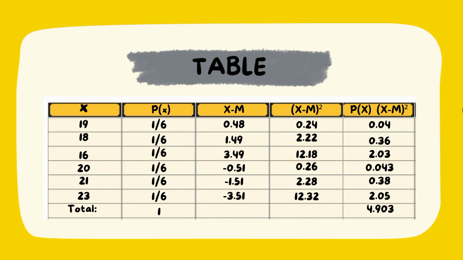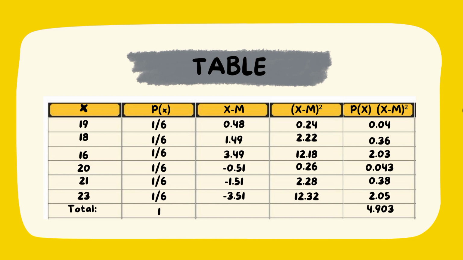And we all know that our corresponding probability is 1 over 6. So we just simply multiply those results by 1 over 6. Let's start. 1 over 6 times 0.24 is equal to 0.04. 1 over 6 times 2.22 is 0.36. 1 over 6 times 12.18 is 2.03. 1 over 6 times 0.26 is 0.043.